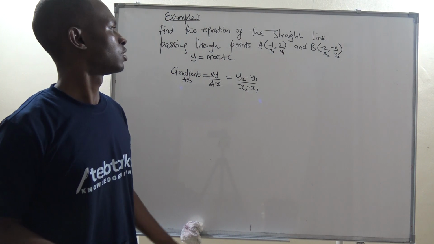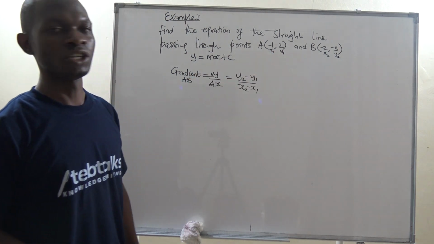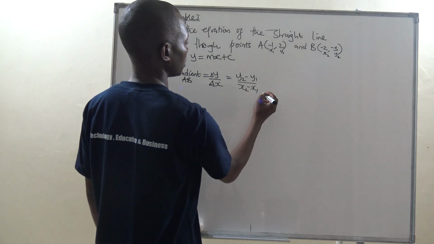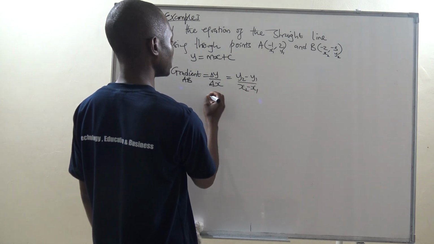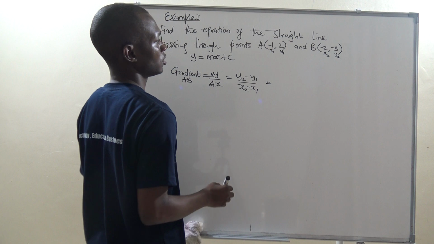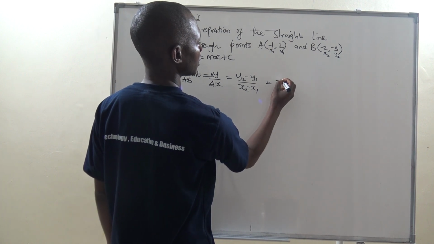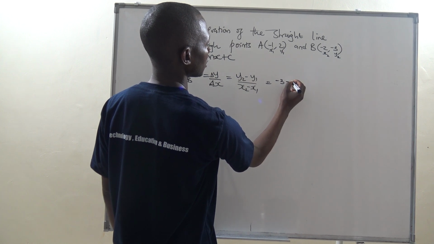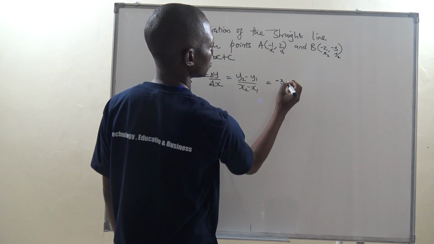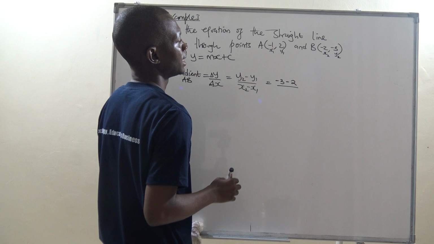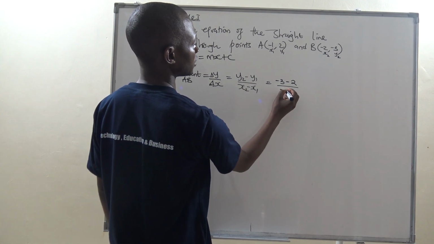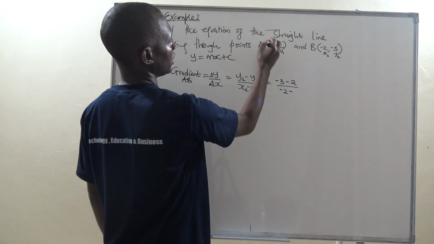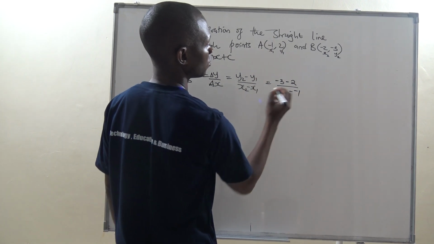Then after, you come and substitute in your equation. You say that gradient, it will be y2 is -3, minus y1 is +2, all over x2, which is -2, minus x1 is -1.